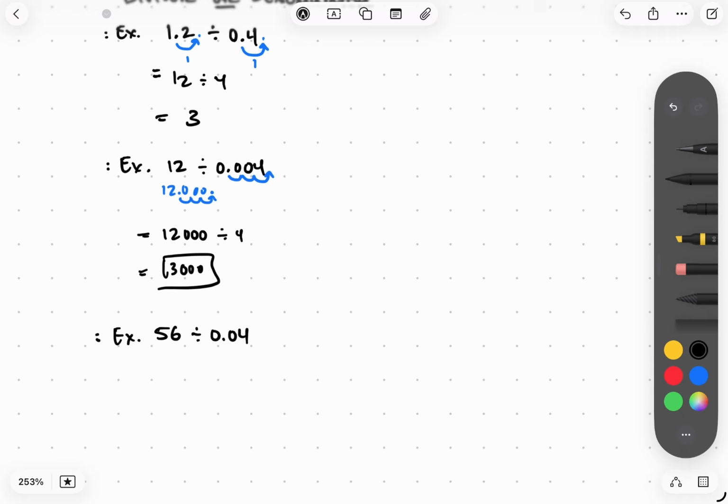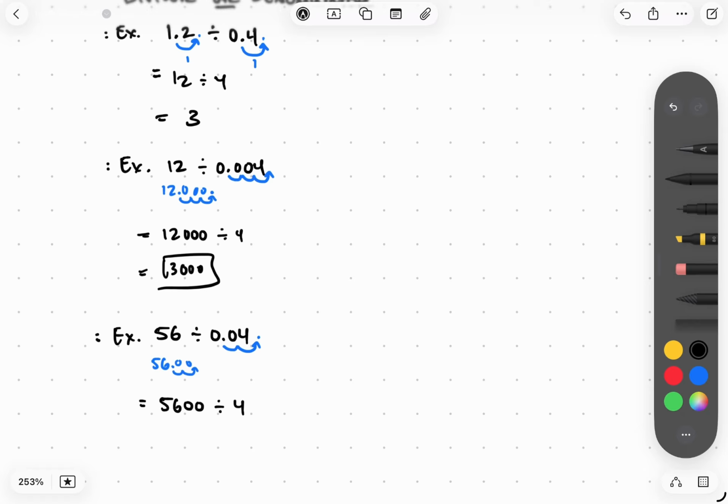Well, first of all, the rules still apply. I do want to move it. The decimals have to get out of the divisor, or that second number, which means it becomes 56, and go 1, 2 spaces. And then my new question will be 5,600 divided by, and we have simply 4.